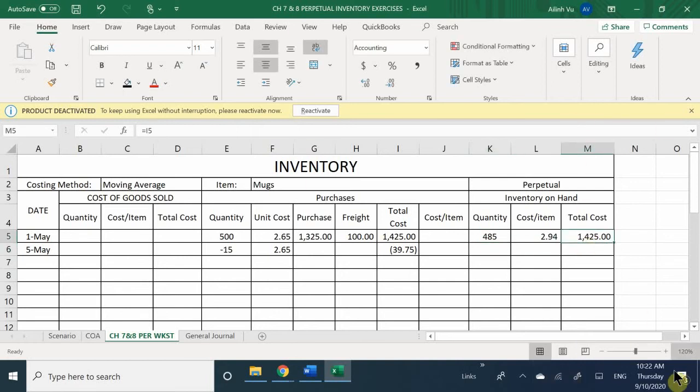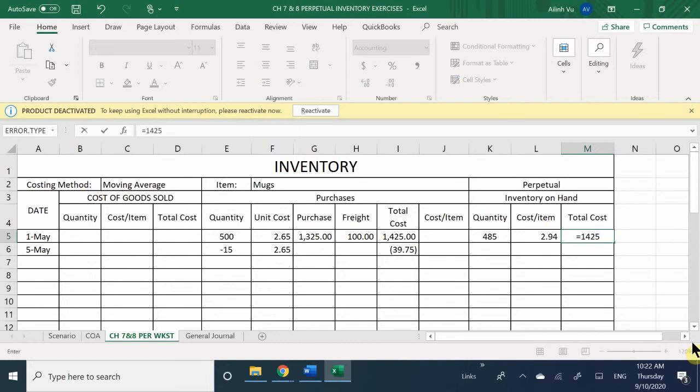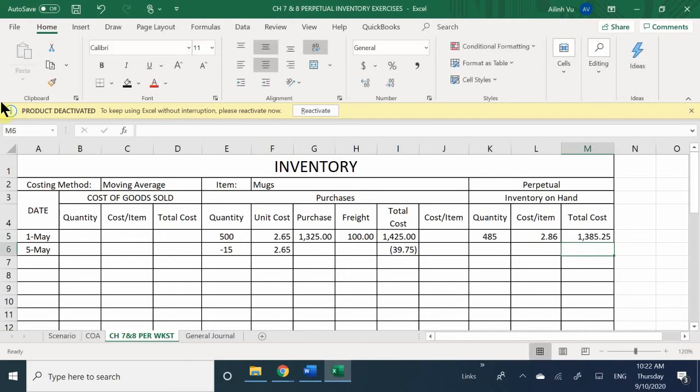Now we also need to recalculate this because it's no longer 1425. We are subtracting this 39.75 to get now a 1385.25 as our new total cost, which if we calculate our new average cost, what is it?